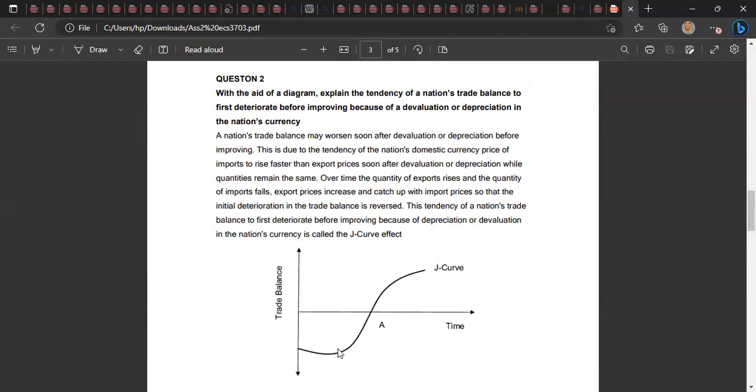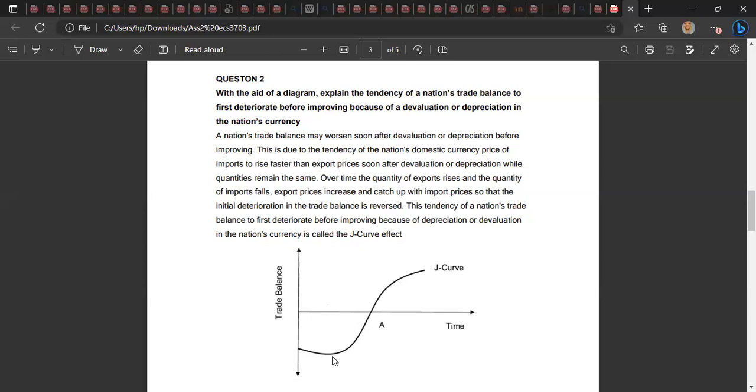So why is that the case? When you devalue the currency, I'm just going to explain this without reading it. People are used to buying things, say, from Shein.